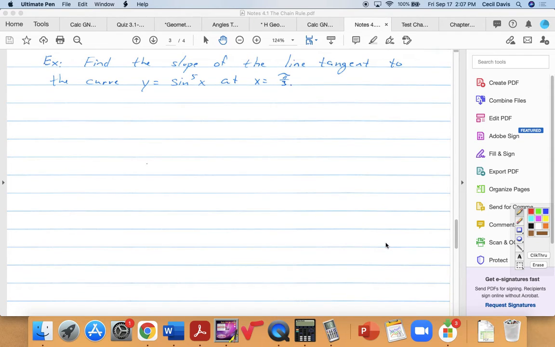So let's find the slope of the line tangent to the curve y equals sine to the fifth x at x equals pi over 3. Well, although this is a handy way of writing things, what does sine to the fifth x literally mean?